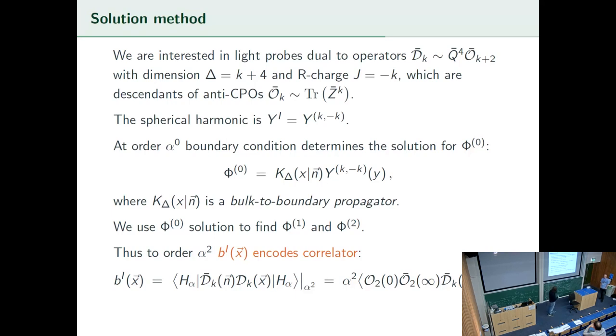We didn't reconstruct, but we did the opposite. We took the known result for the chiral primaries, and then we acted with a differential operator to match it with our supergravity calculation. But in principle, this method can be reversed, and based on the correlator of the descendants, one can reconstruct the correlator of the chiral primaries.